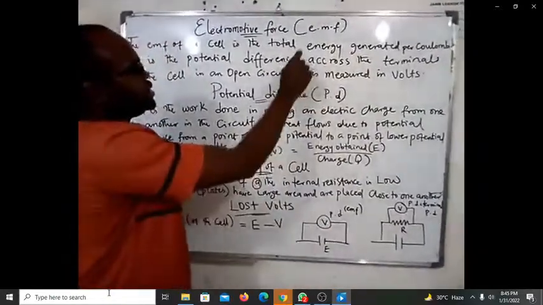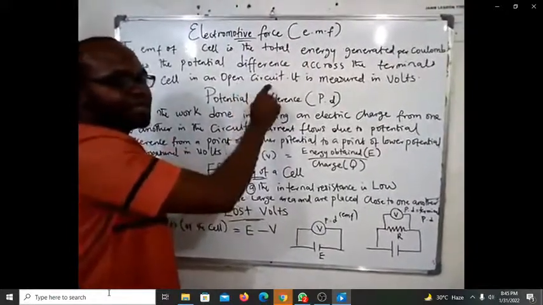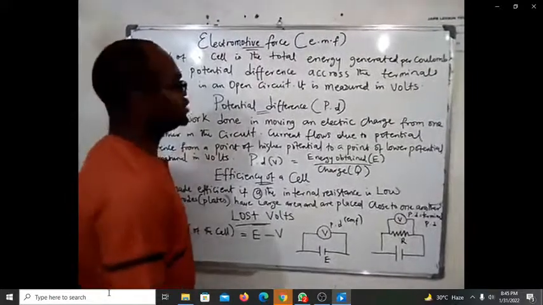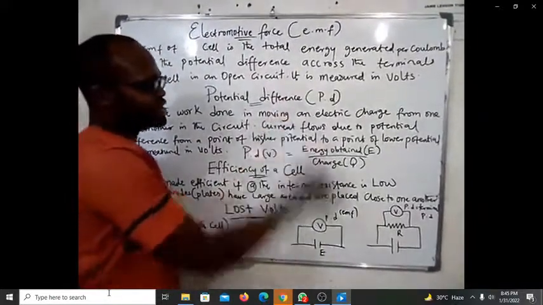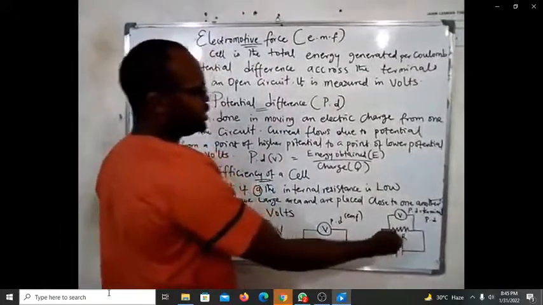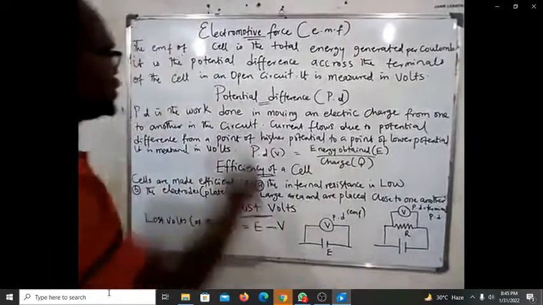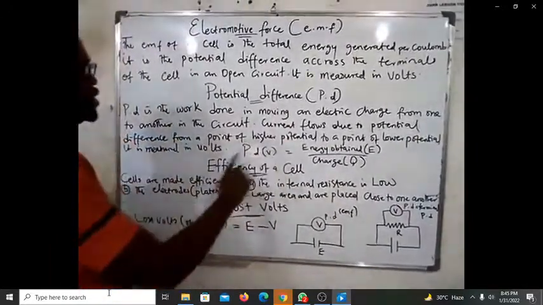Just that electromotive force is for an open circuit. That is a circuit that is not connected to any other electrical component. Whereas potential difference is the same energy, but this time connected to other electrical components like resistor. Potential difference is also measured in volts.